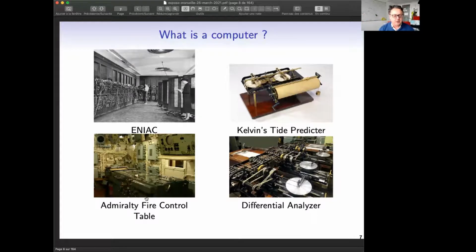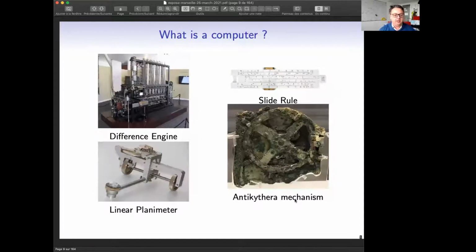So it was an electromechanical one, or it includes very old computers like the differential analyzers that were built for the first time in the 1930s, that were purely mechanical machines, and then later on electromechanical machines, then electronic machines.